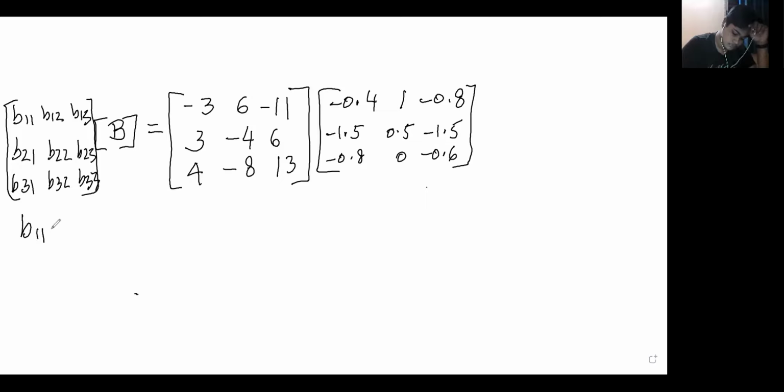So what is B11 equal to? B12 equal to, B13 equal to. Like that you have to find all of them.